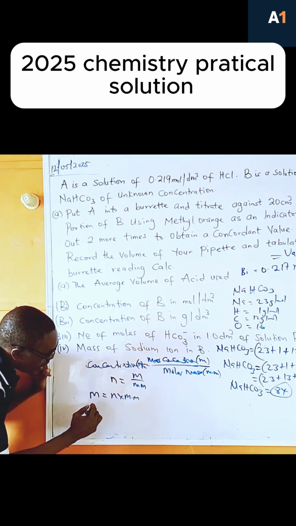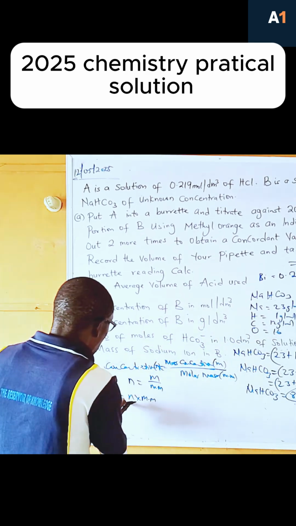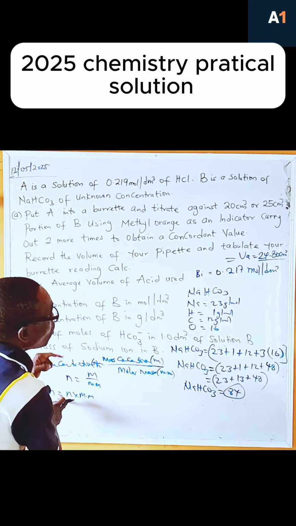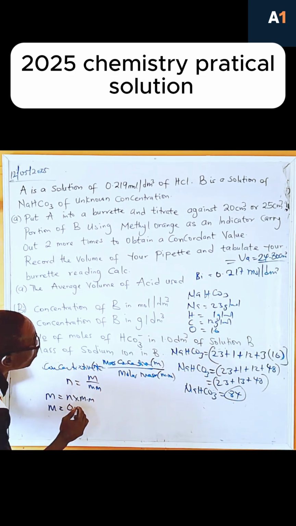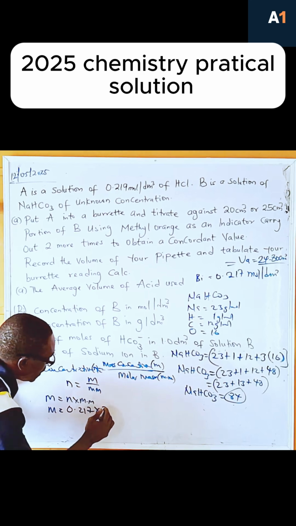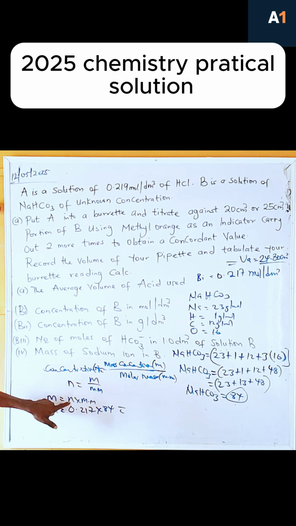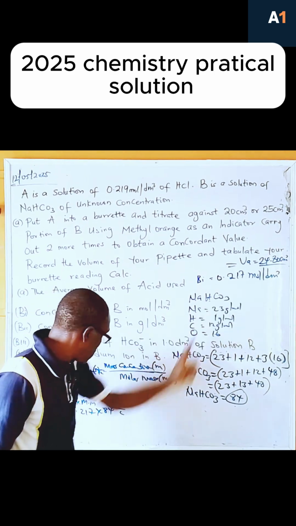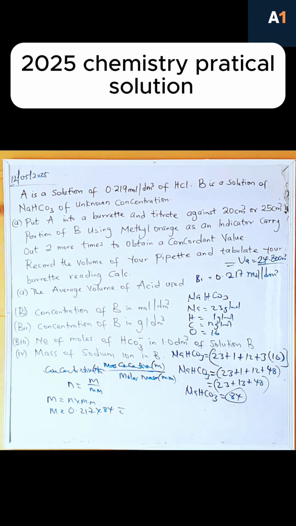Then the molar concentration will now be equal to, what is the concentration of the base that we got before? The concentration of the base is this. We just say 0.217 times 84. So according to this formula, the concentration of the base is this here, multiplied by this 84. So let's see what we are going to have here.